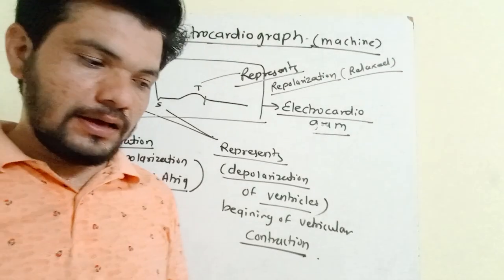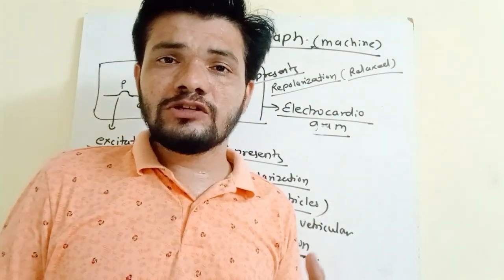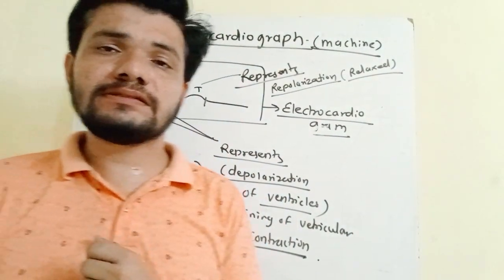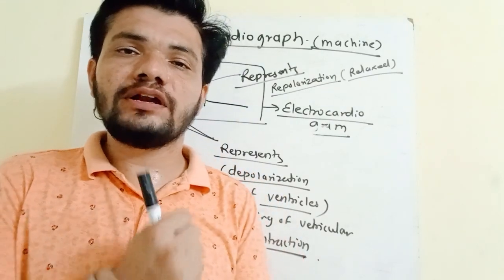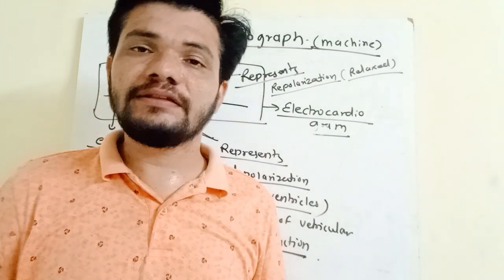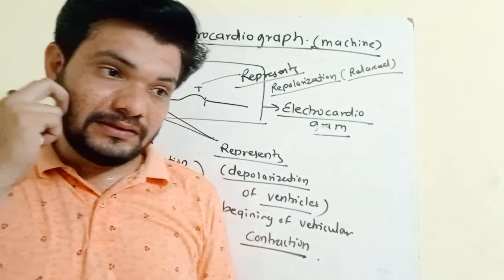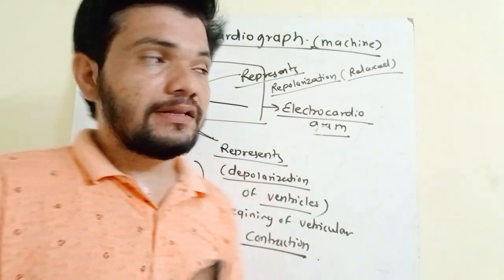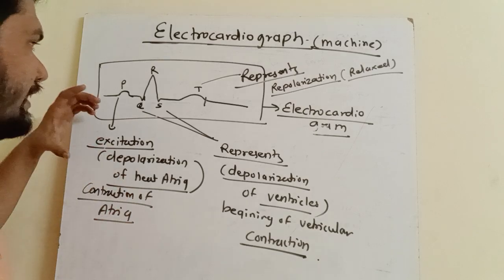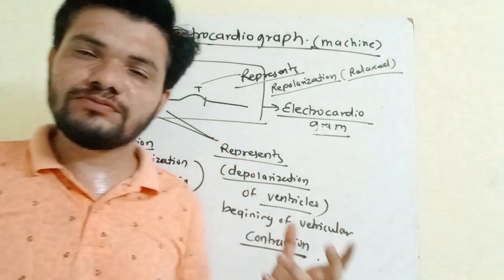And how is this done? There are electrical leads which are tied to both your wrists and the left ankle, and this helps in the detection of your heartbeat, how it is working.